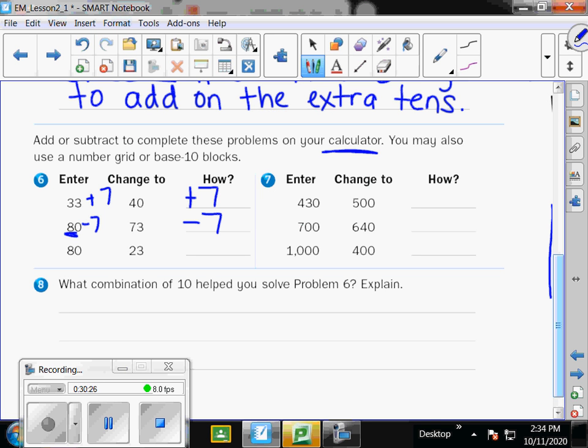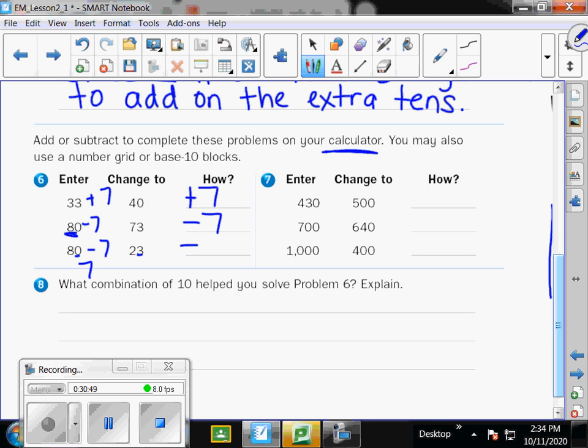All right, so now this one's going to be a little bit harder. I know I'm subtracting, but now what am I subtracting? Okay, I know I'm going to be subtracting 7, okay, because look, I'm going from a 10 to a 3, so I know I'm subtracting 7. If I subtract 7 from 80, let's see, what does that get me to?